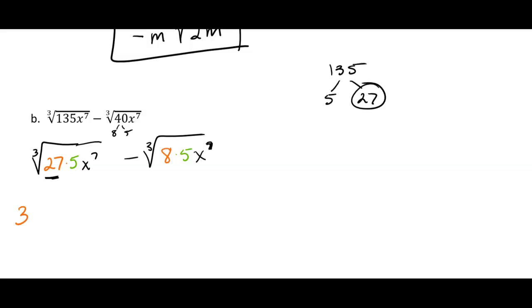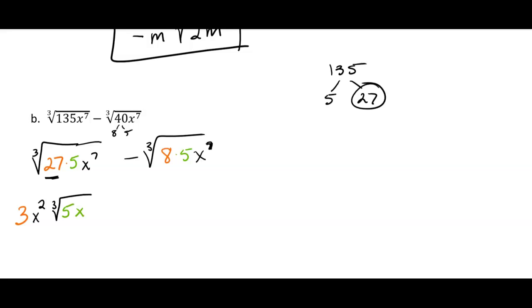So the 3 comes out. We're also going to have some x's come out. I've got to divide by 3. How many times does 3 go into 7? 2 times, and I'm going to have 1 left over. So cube root, don't forget the cube root. That 5 is that 5, and then there's an x left over.